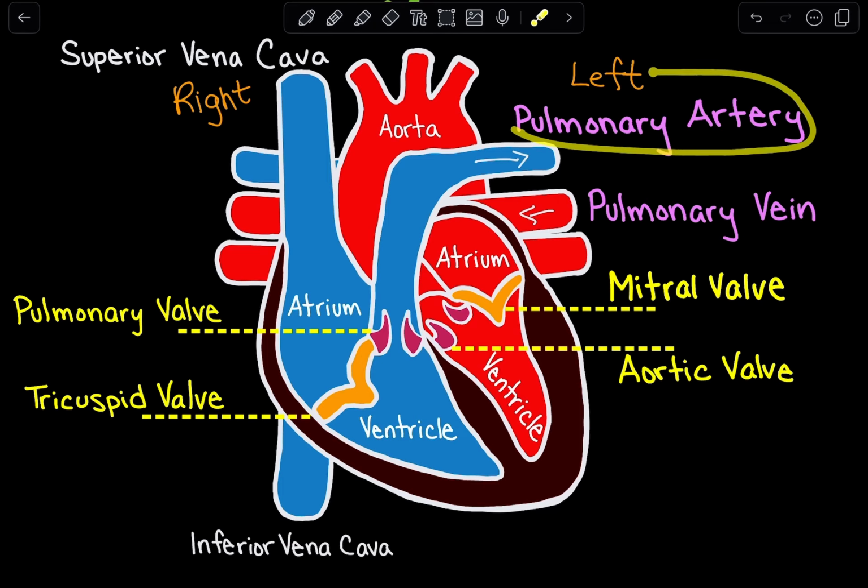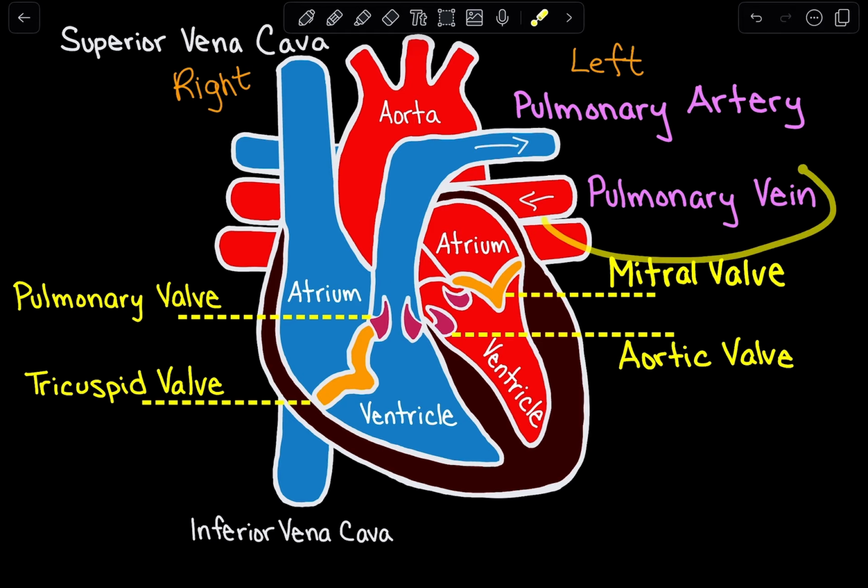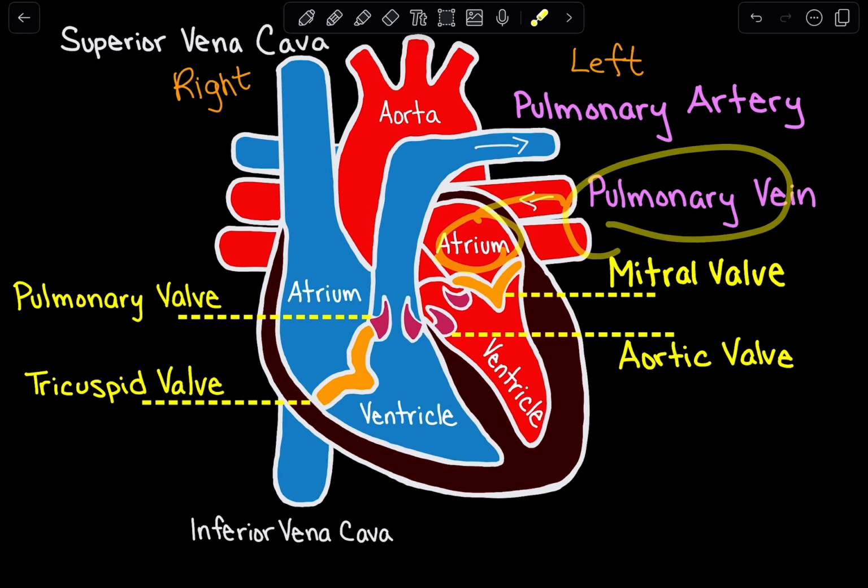This pulmonary artery over here is going off to the left lung, and over here it's going off to the right lung. So when we have oxygenated blood coming back, it's coming back from both sides. We have a pulmonary vein on both sides, but we're just focusing on this side over here.